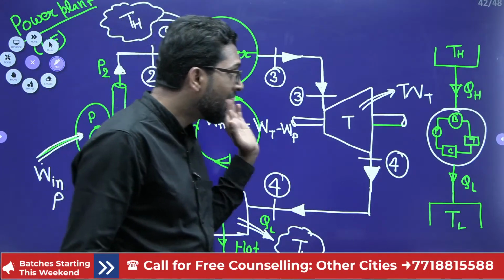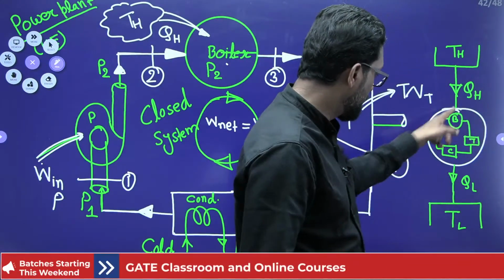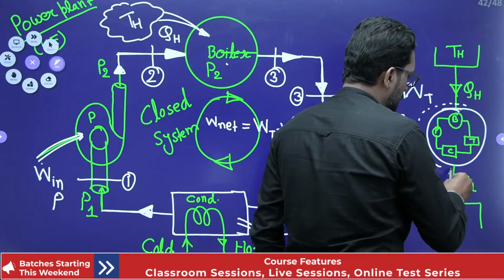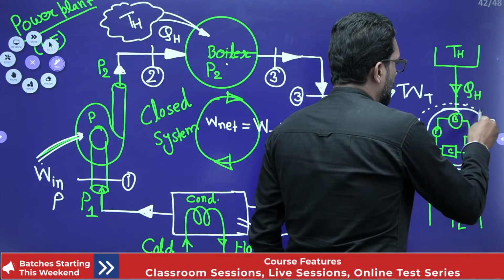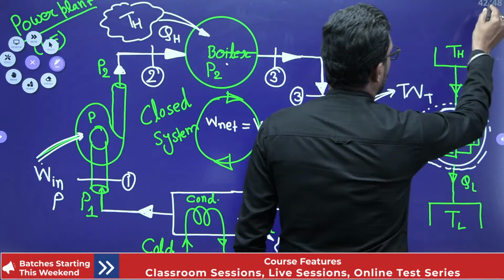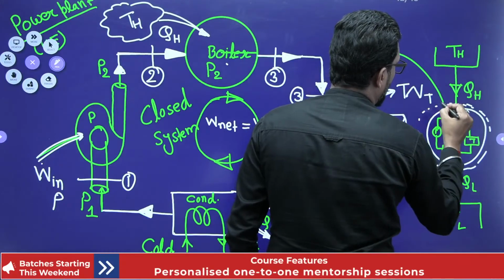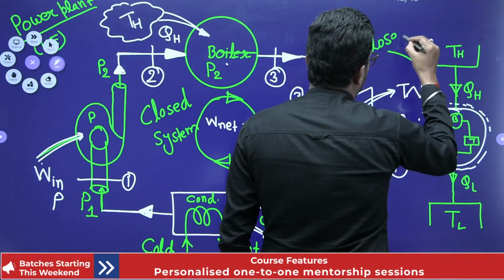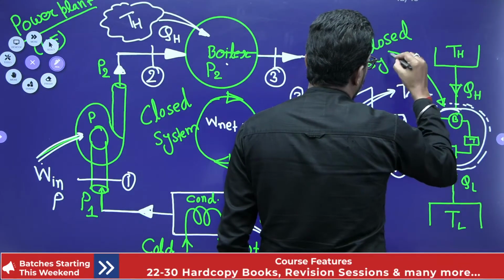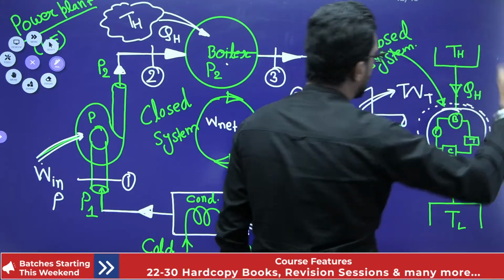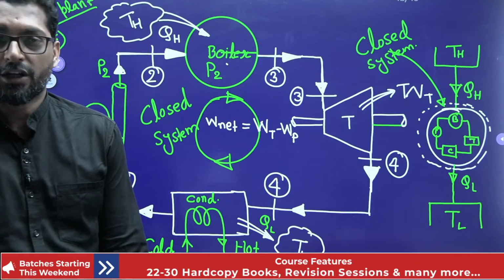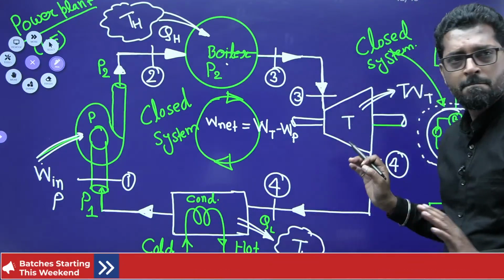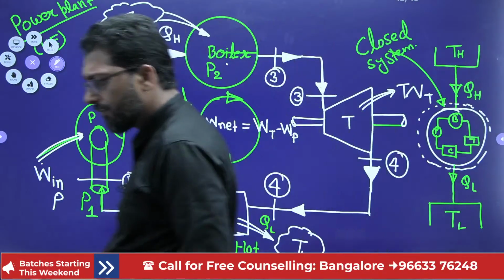So this is modeled as a Carnot cycle, modeled as a closed system. Okay, this is clear? This is clear, beta?